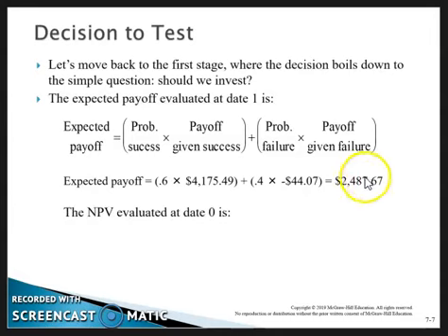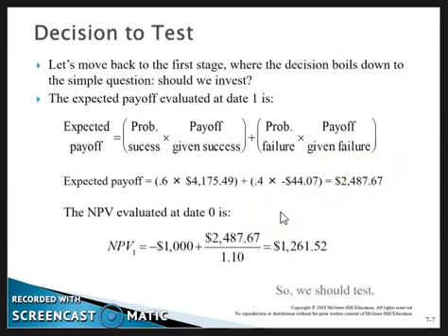Remember, this is as of period 1, so we need to bring it back to period 0 and calculate net present value, based on the initial $1 billion that we paid for testing.